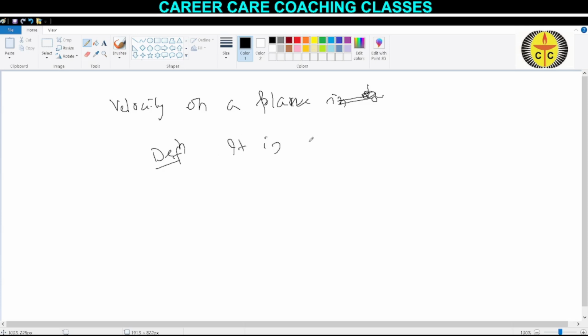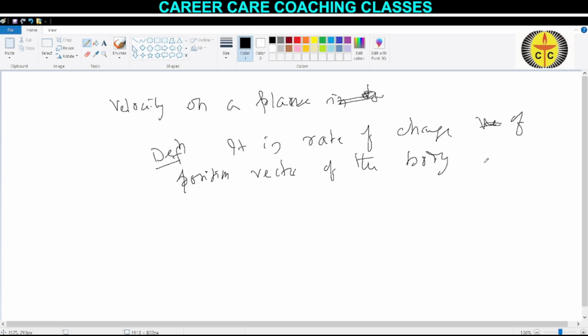Here, v is equal to delta r by delta t. This is v average. This v is called average velocity.